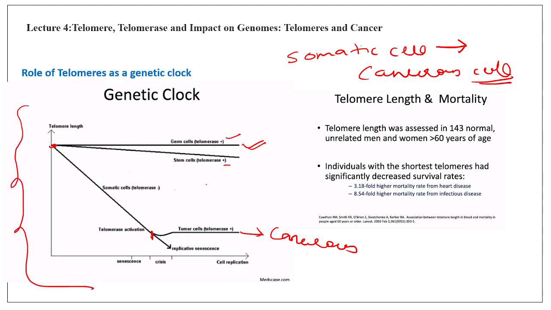And from this also you can see that the length of the telomere is not constant across all chromosomes. It changes. It keeps on changing. Okay. So what is written over here?